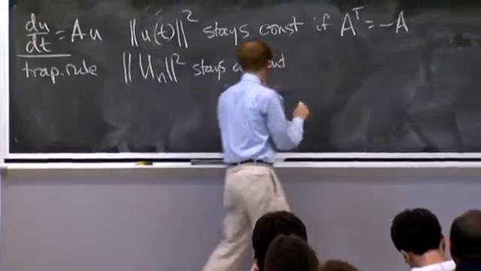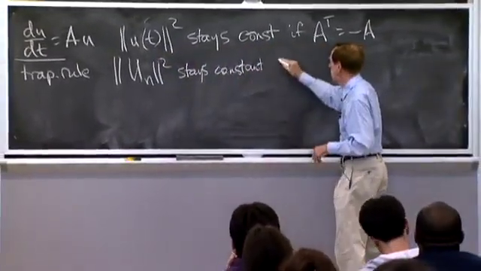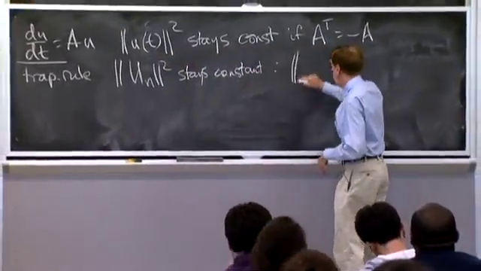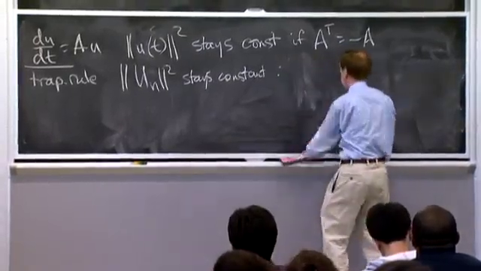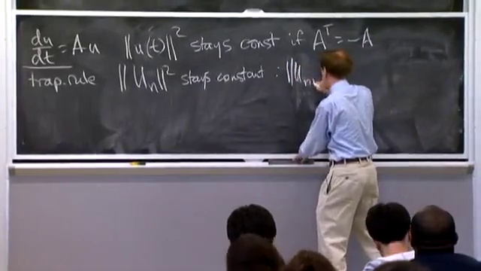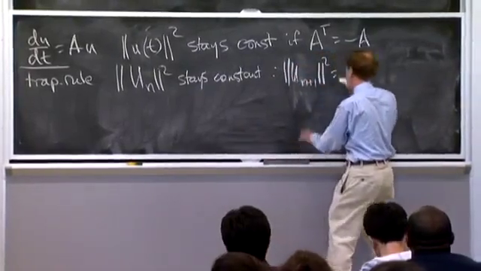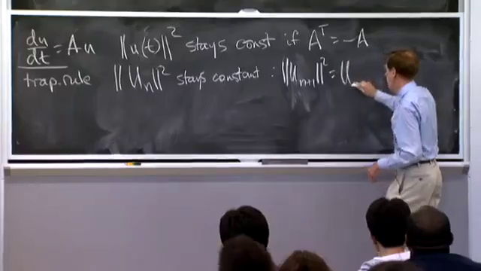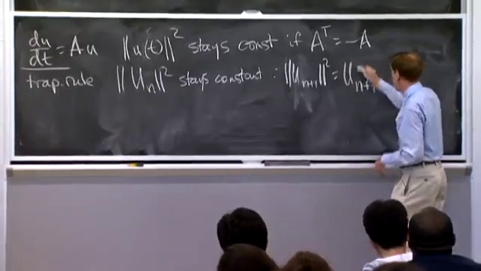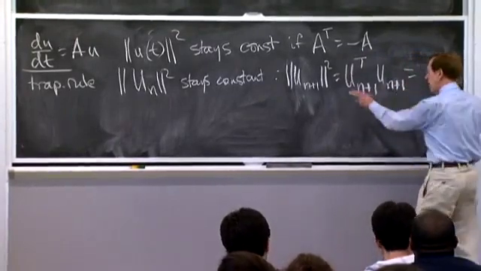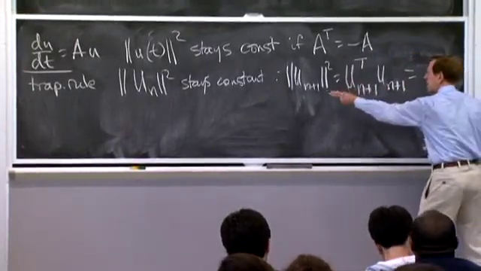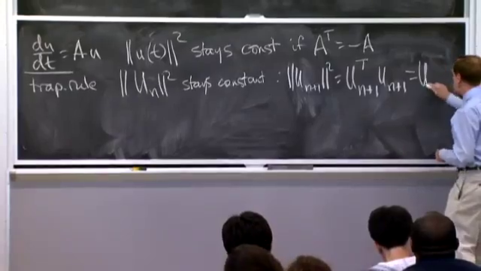In other words, step by step, un plus 1 squared, but the other way to write that, and the way we have to work with it, is that it is the same. Now, that was just an identity. That's just the meaning. Now, I want to show that.